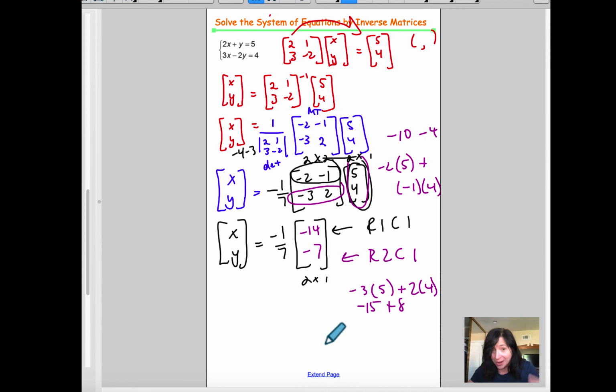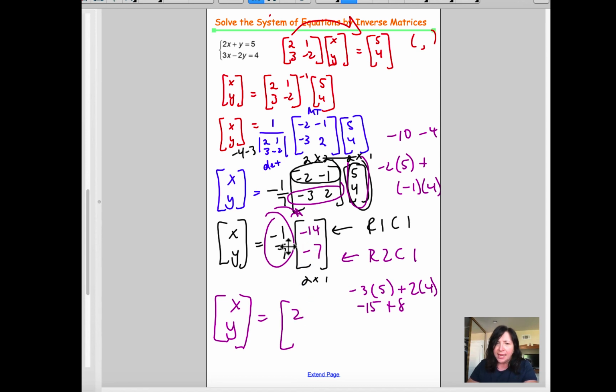Also love that. So that means my final answer, x, y, is going to equal, and I've got to take this -1/7 and distribute it. -1/7 times -14 is 2, and -1/7 times -7 is 1.